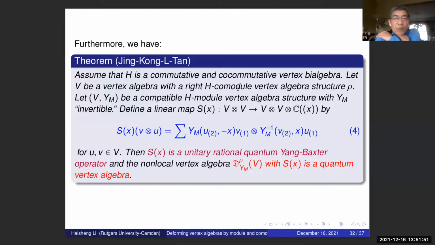So this reminded me of something. If you think about deformation, you want to get an explicit formula for the deformed algebra. You go back to the usual quantum deformation for associative algebra. How do you do it? Usually you always start with a commutative derivation, like a commutative Lie algebra, you can do that.